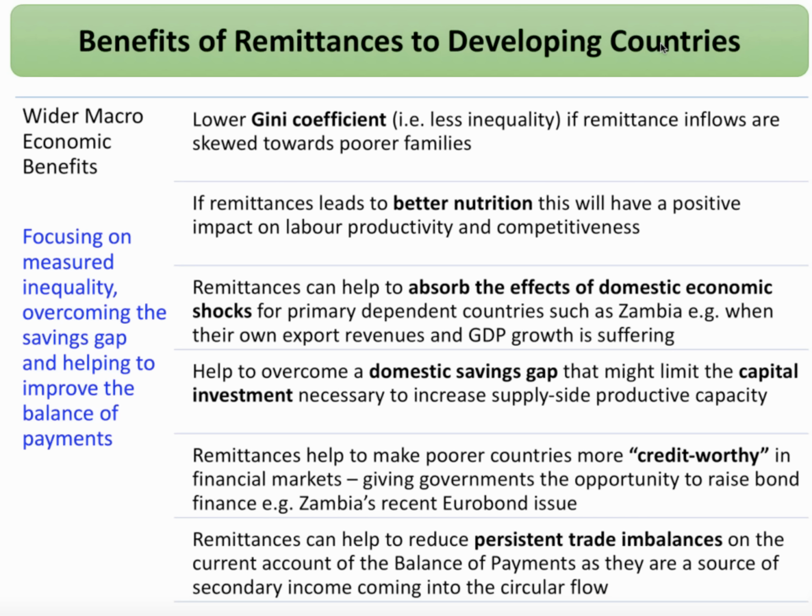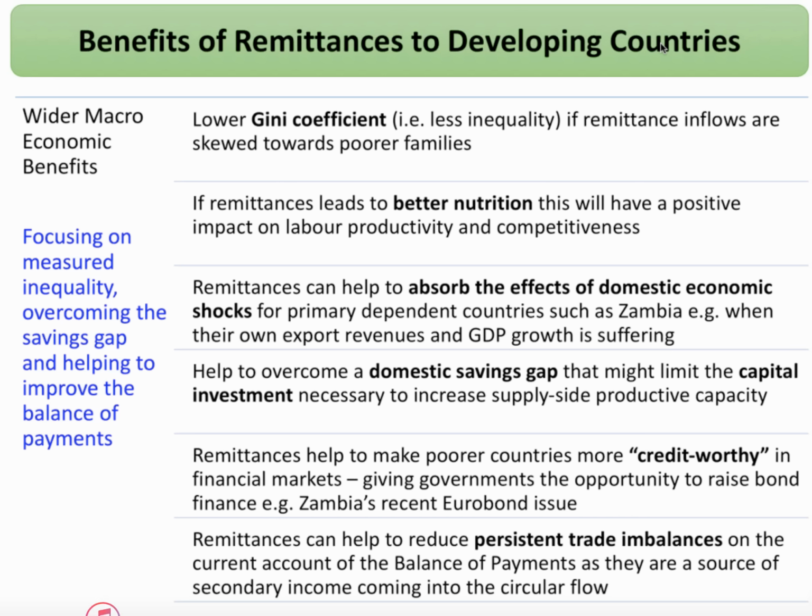Hopefully it'll lead to better nutrition, which feeds through to productivity. And crucially, those remittances provide almost like a buffer stock of savings, which Zambia can draw on if and when there's another global external shock affecting their economy.